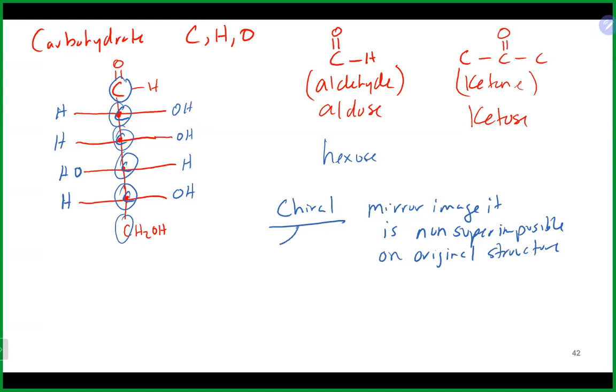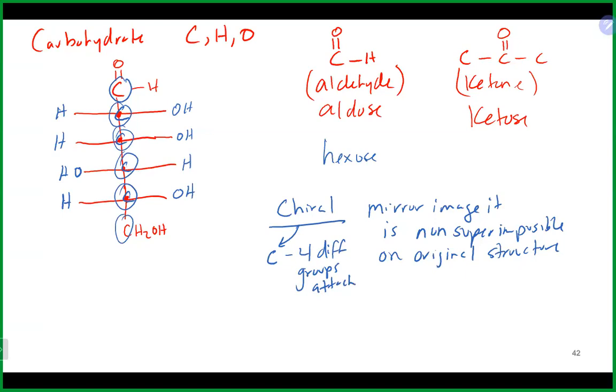So the way that we could recognize that a carbon is a chiral carbon is that the carbon should have 4 different groups attached. And that is how you will know it is a chiral carbon.